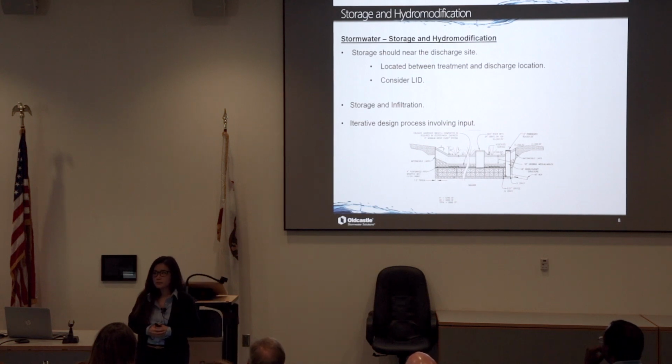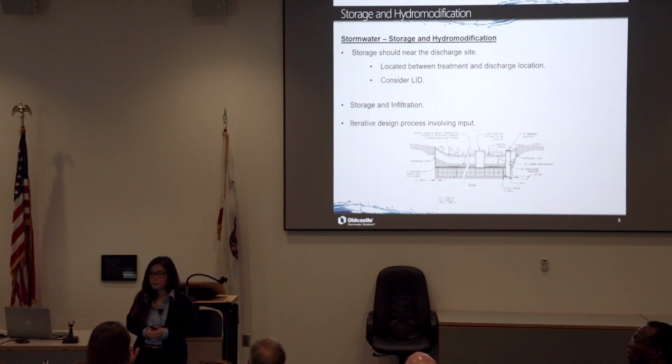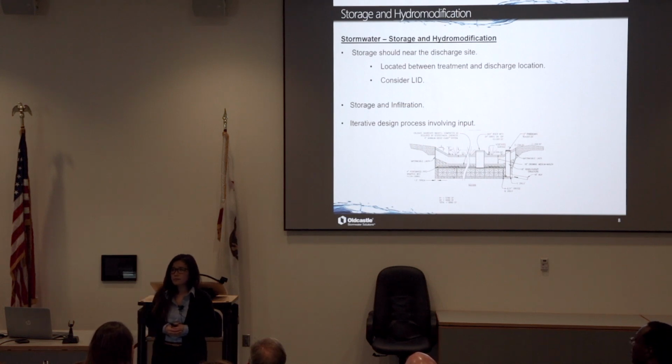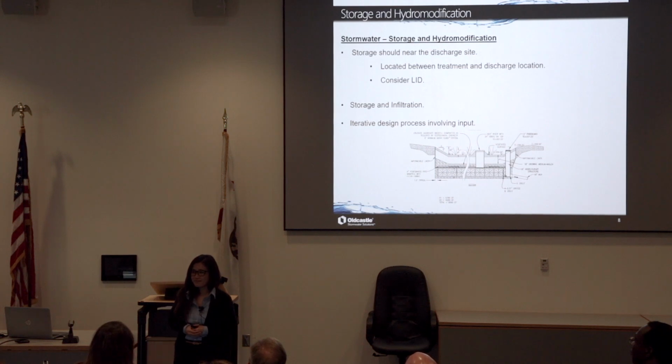Okay. A lot of our soils in this county won't infiltrate very well, so do you have a recommendation for maybe enlarging that so that it can be used for post-rain irrigation, or what do we do with all that water?